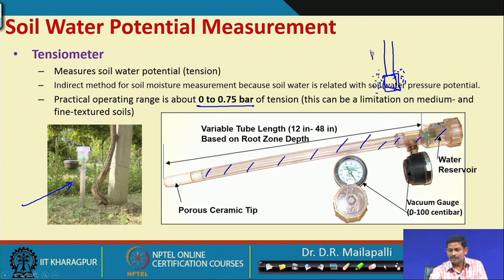Then, due to soil water depletion, the water is going to escape from the tube to here, and the water level is going to decline, and that creates the vacuum here, and the vacuum will be measured. That way this tensiometer is going to work.